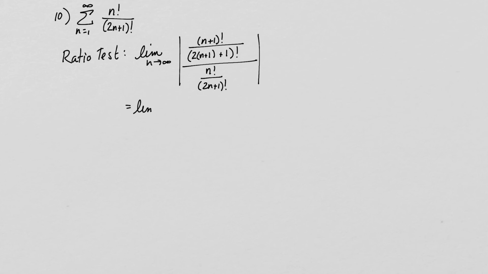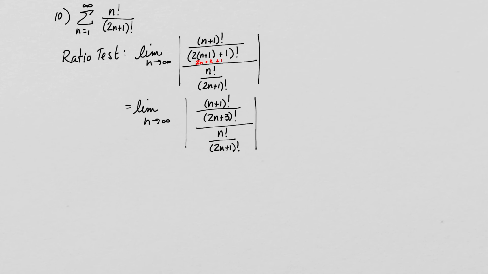And if we do out the algebra, I have the limit as n approaches infinity. On the top here, I have (n+1) factorial. This bottom is going to be 2n plus 2 plus 1, so it's going to be (2n+3) factorial, all over n factorial divided by (2n+1) factorial.